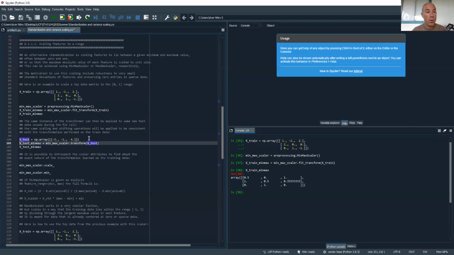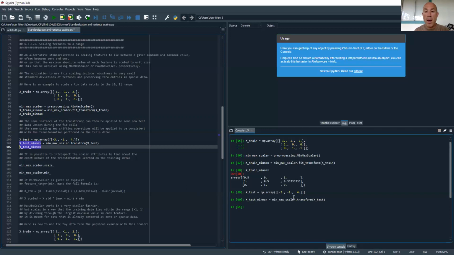All right, so let's do this thing. My new values are -3, -1, and 4. All right, so now let's go ahead and transform it using the min-max scaler transform that I just built a moment ago.